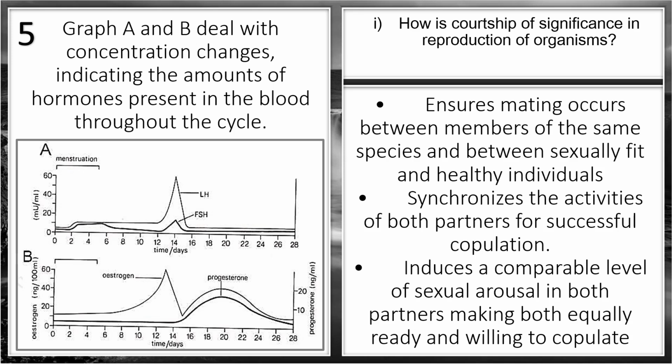It ensures mating occurs between members of the same species and between sexually fit and healthy individuals. It synchronizes the activity of both partners for successful copulation. It induces cooperative levels of sexual arousal in both partners, making both equally ready and willing to copulate.